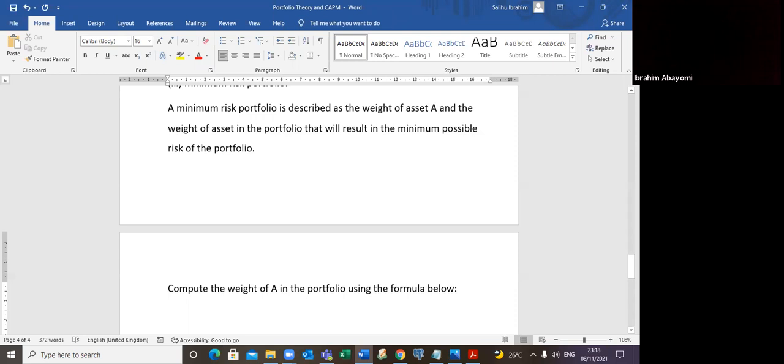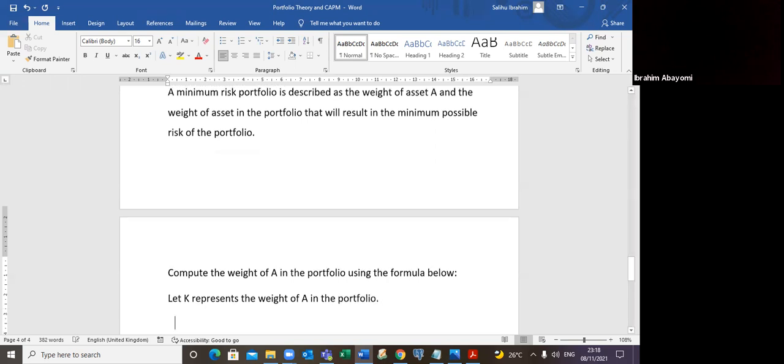What is the formula? Let K, you can use any letter, I want to use W again, that's why I'm using K. Let K represent the weight of A in the portfolio.